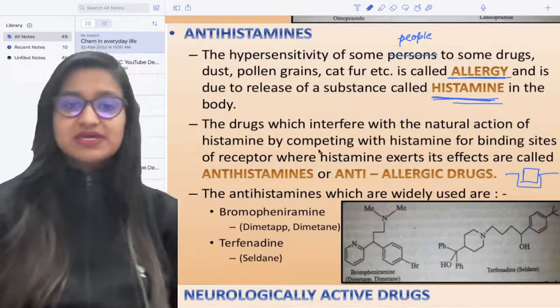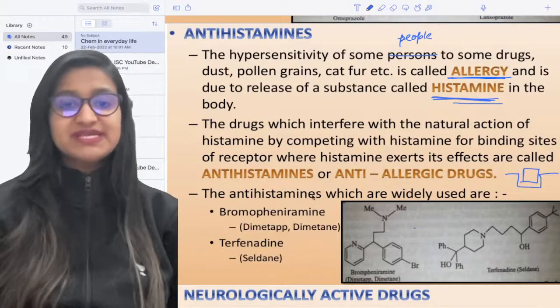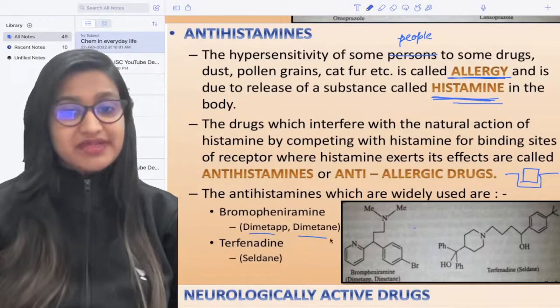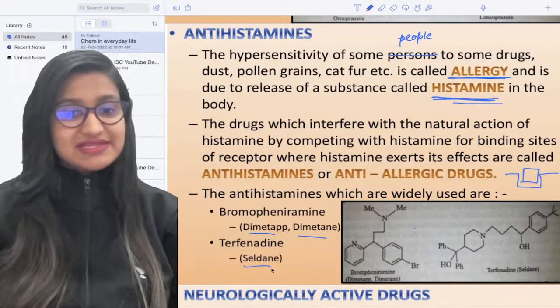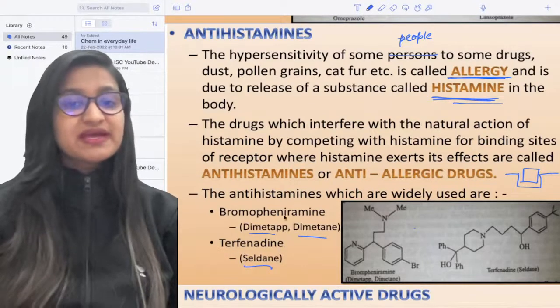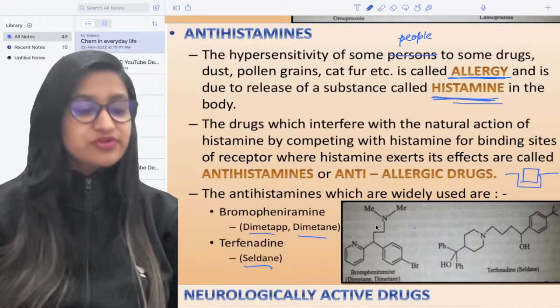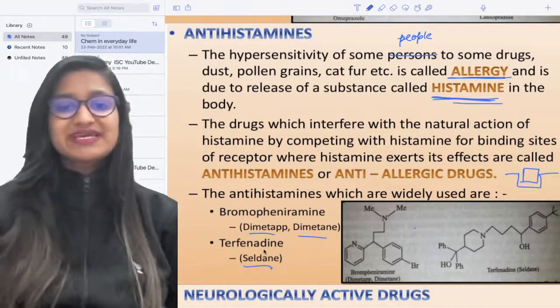Okay, the antihistamines which are widely used, what are their names: dimetapp, dimethindene, seldane, terfenadine, brompheniramine. These are the examples.